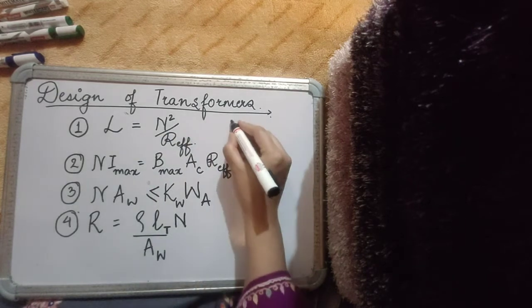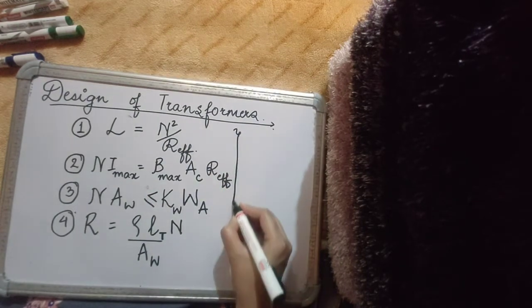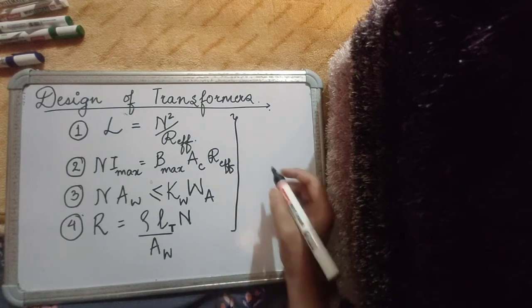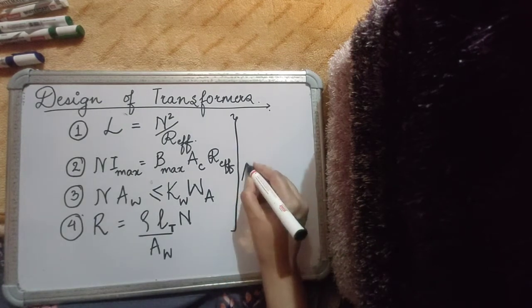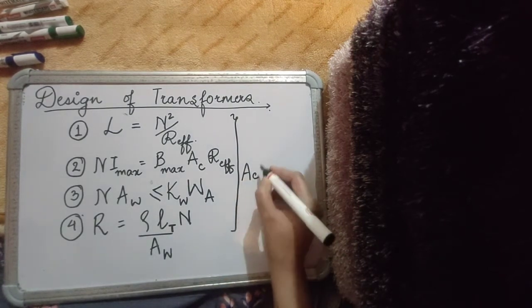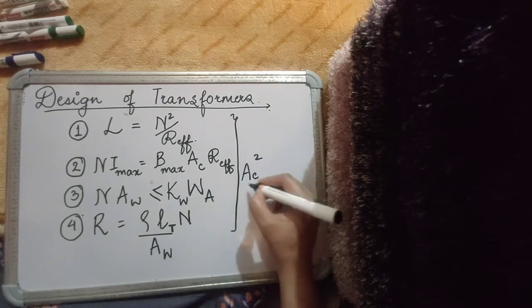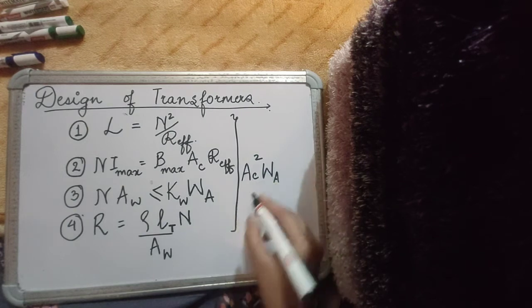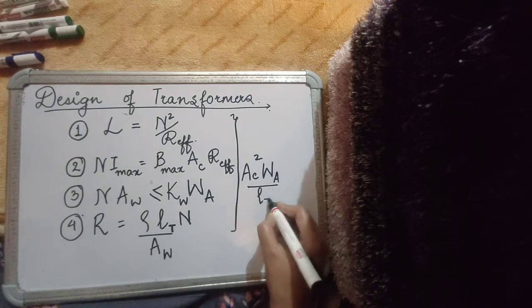So once we had combined all these 4 constraints suitably, we came across an overall design equation, which was AC squared, the area of cross section of the core, times the window area, divided by length per turn.